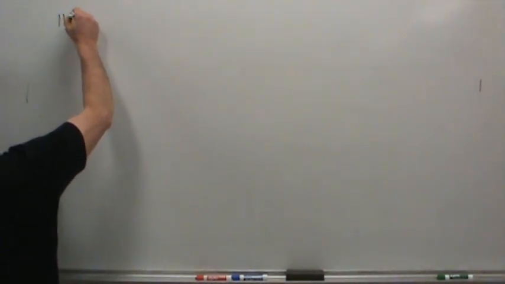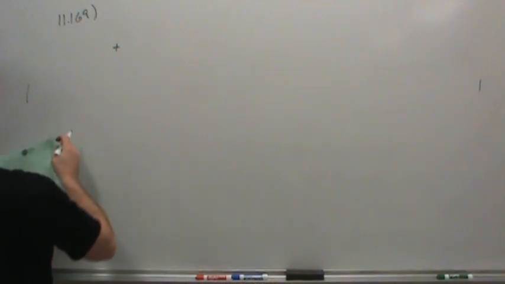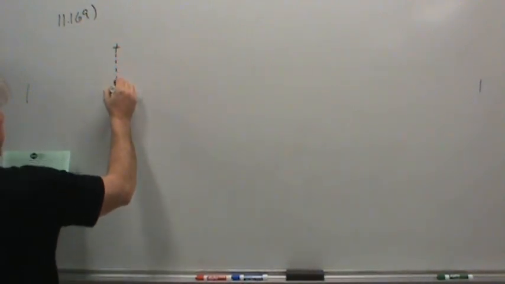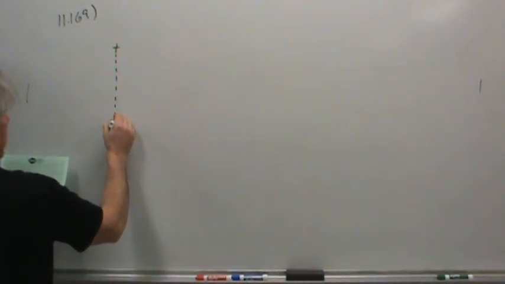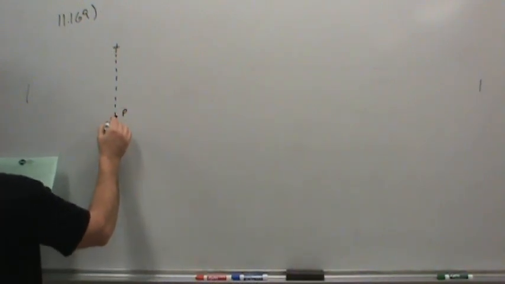Let me sketch the problem. So I put the radius of curvature up here where I could see it. And down 1 mile is the plane. I'm going to call it P. As far as we're concerned, by comparison to that mile, the plane is a point.